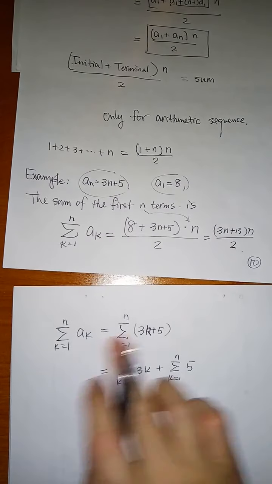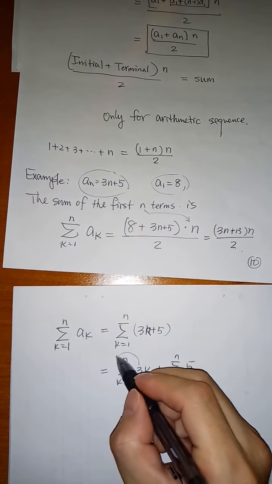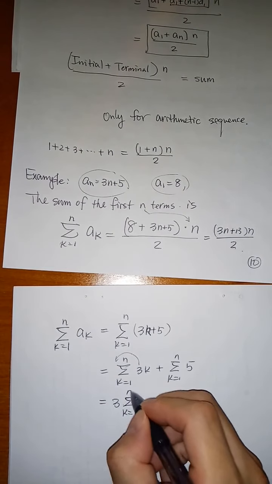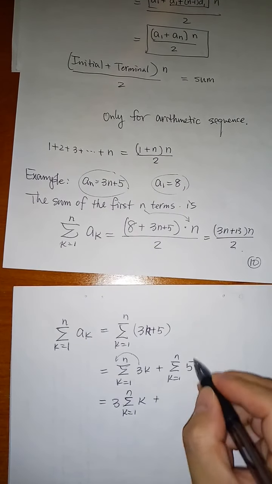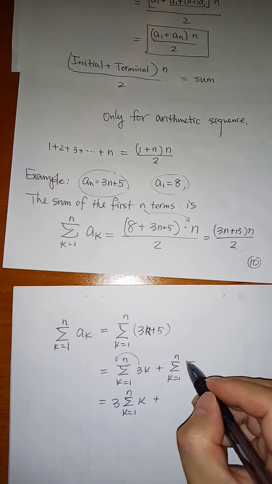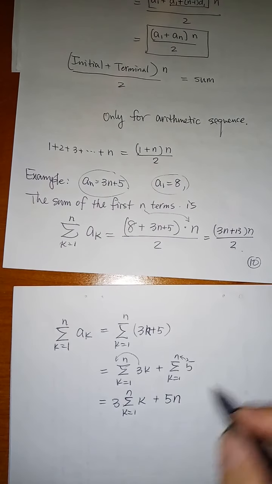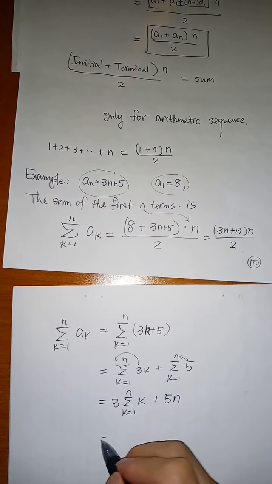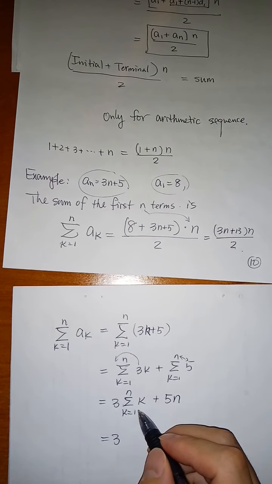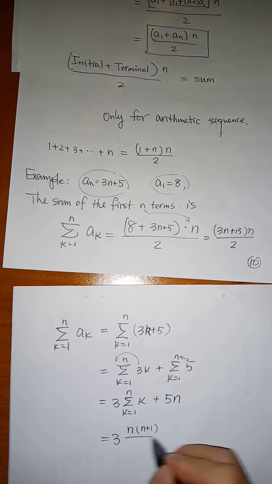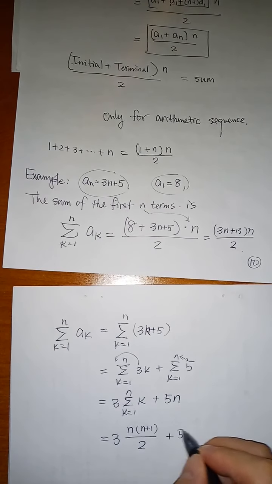Right? So we have distribution. The coefficient can be moved forward. And the sigma of a constant is a product, 5 times n. And this part is the sum of the first n integers, n times (n plus 1) over 2, plus 5n.